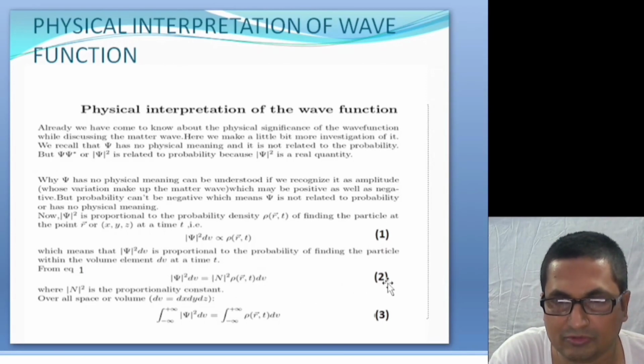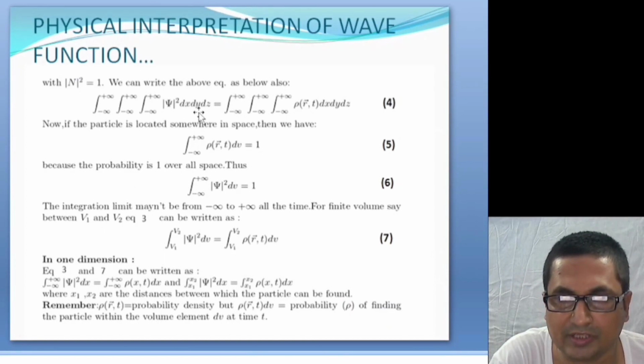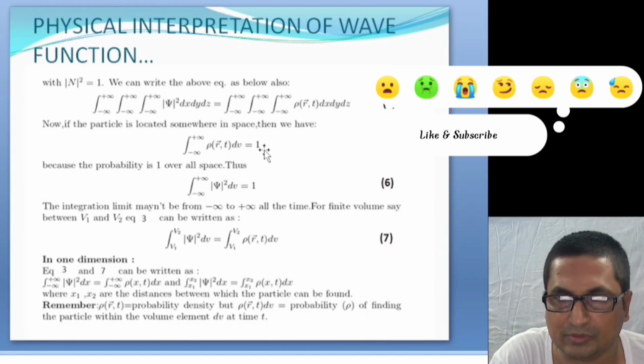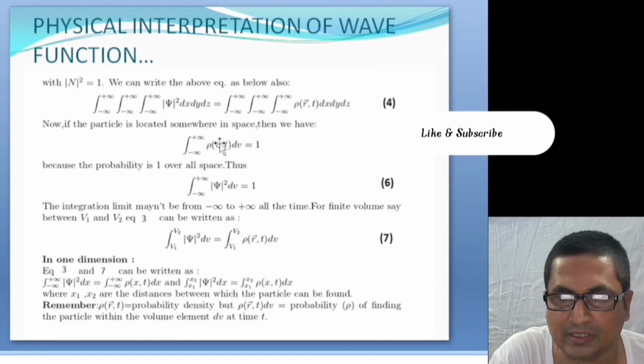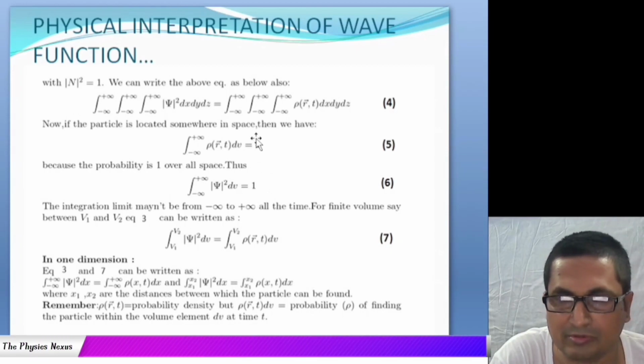If you integrate equation 2 over the whole space, then, since the probability over the whole space is equal to 1, instead of dV writing dx dy dz, we find that the integral of |psi|^2 dV is equal to 1, since the total probability over the whole space is 1, the right-hand side is 1.